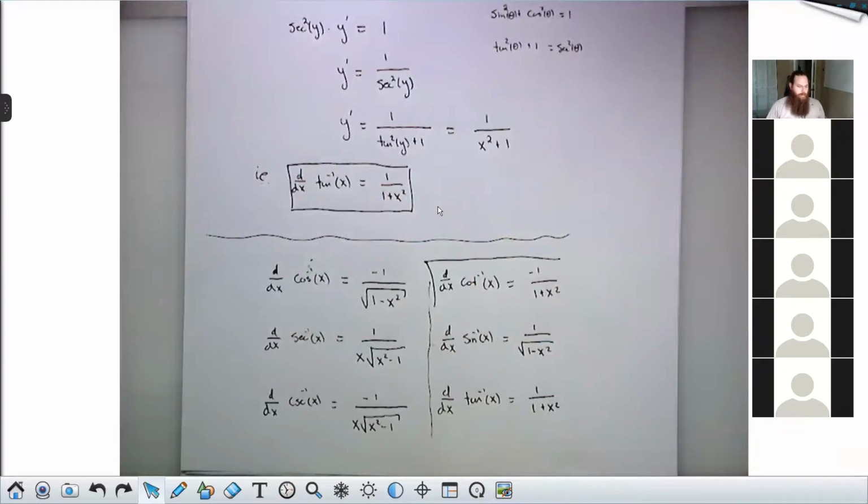I don't like to ask people to memorize a bunch of stuff. I don't think that it's a worthwhile procedure to just beat things into your brain without understanding them. But I am giving you problems to work that involve derivatives of the inverse sine, cosine, and tangent functions, because those are the most commonly encountered ones.